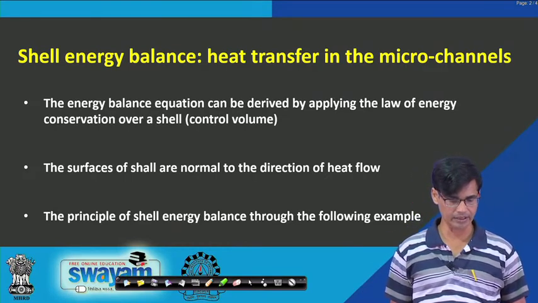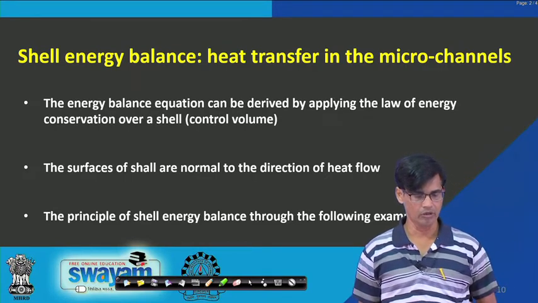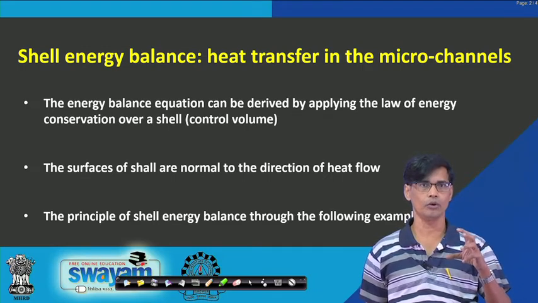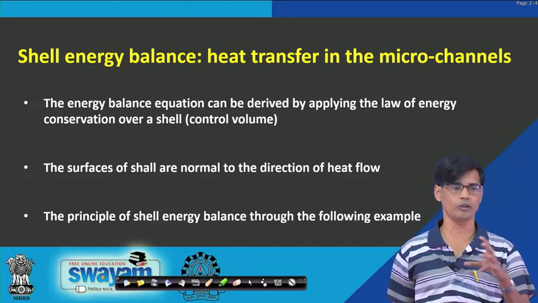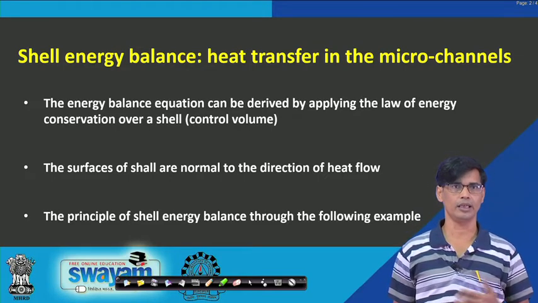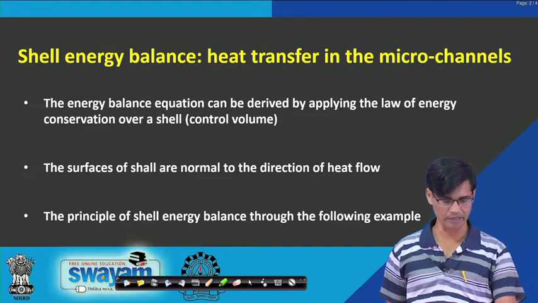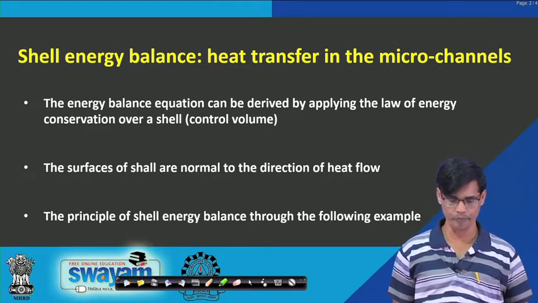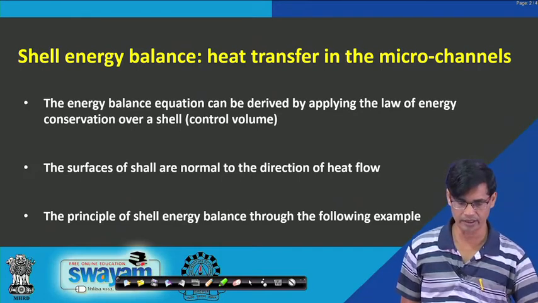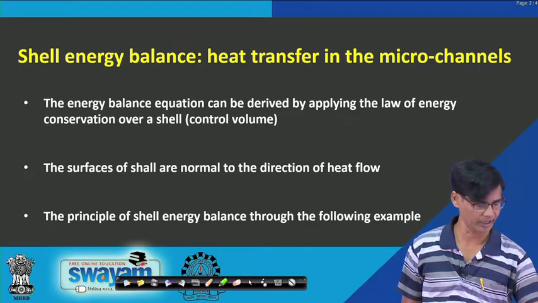And next thing, the shell is basically a kind of control volume, whose surface will always be normal to the flow of heat. Here the principle of shell energy balance will be shown through an example, that I said previously, the heat transfer problem in the micro channel.